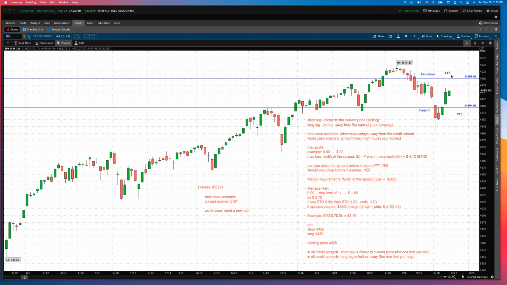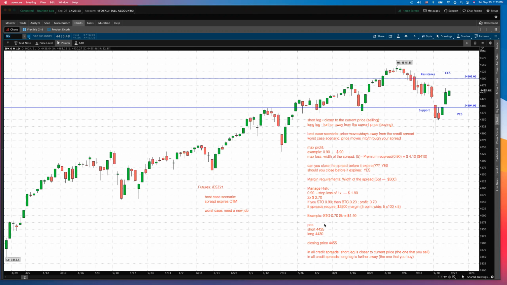So if you sold a put credit spread at 44.35 and 44.30, and the price ends up somewhere between 44.35 and 44.30, say 44.32 and a half, that's probably your break-even point, right? And when you sell a spread, it's going to give you a break-even point. So that is a halfway decent scenario.